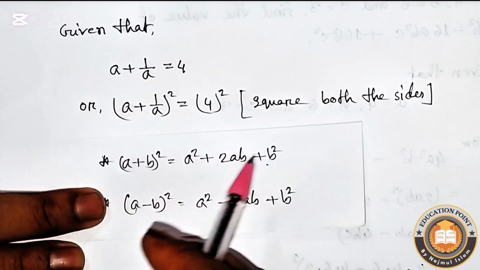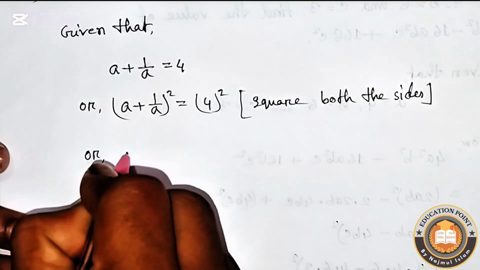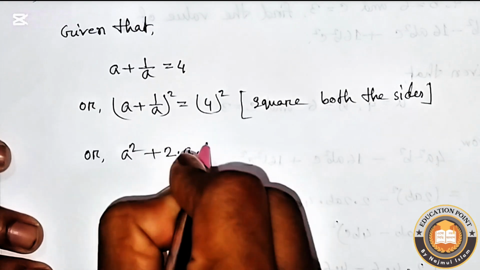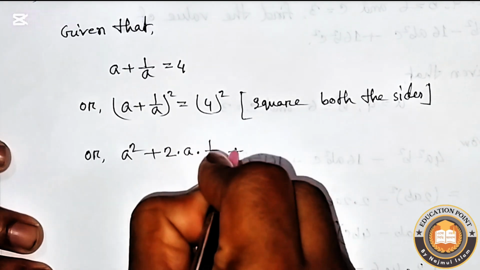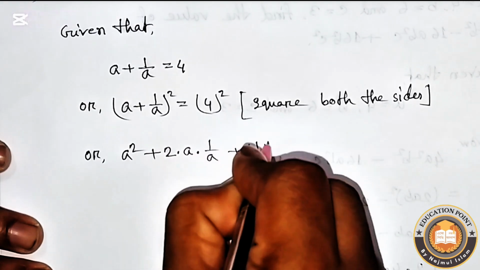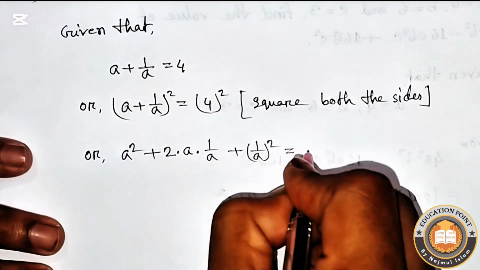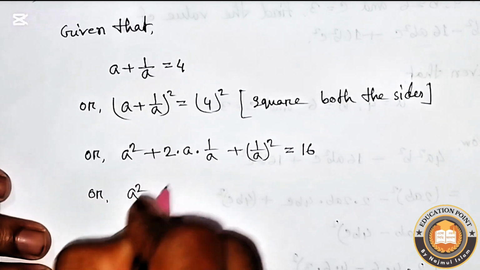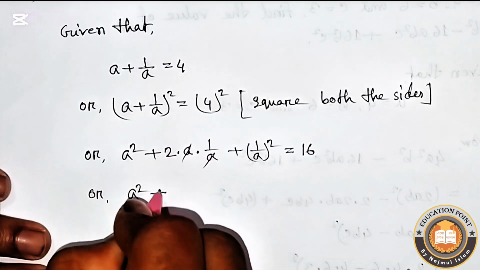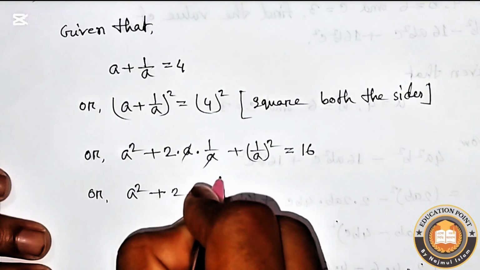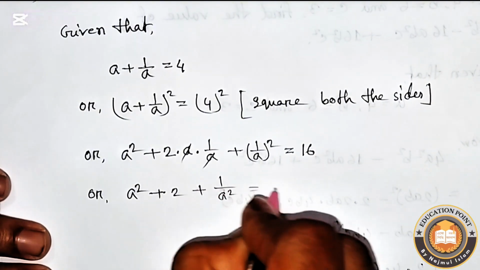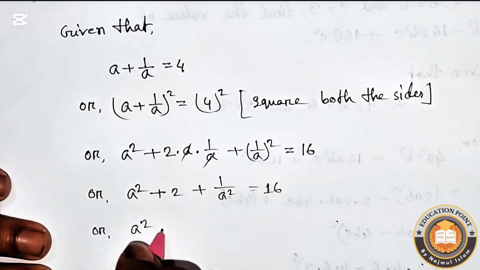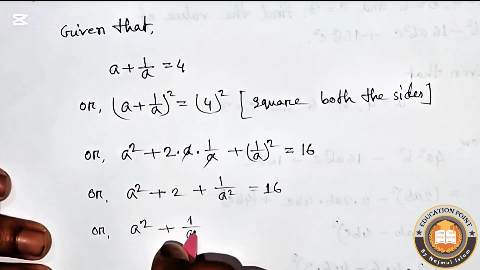So a² plus 2 into a into b means 1 by a, plus b² means (1 by a) whole square. The square value of 4 is 16, so a² plus 2 plus 1 by a² equals 16.